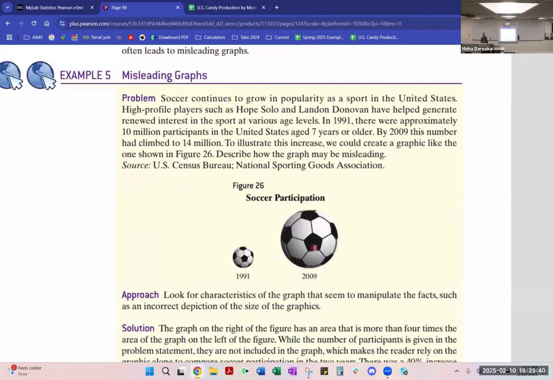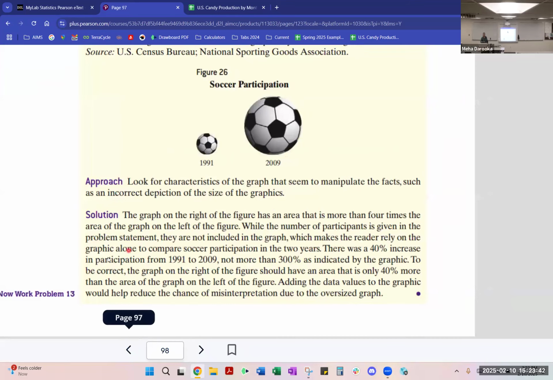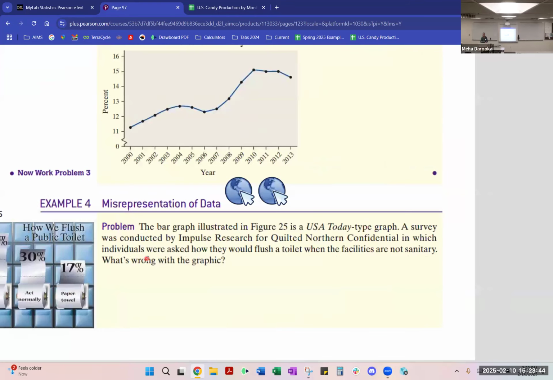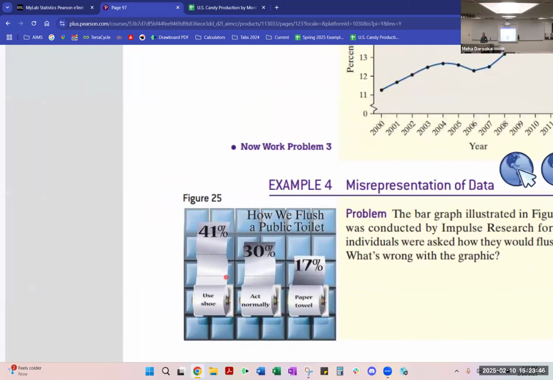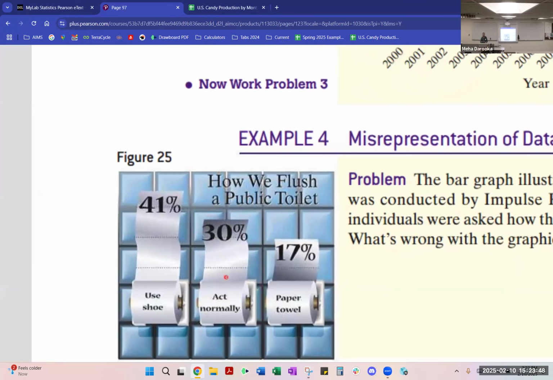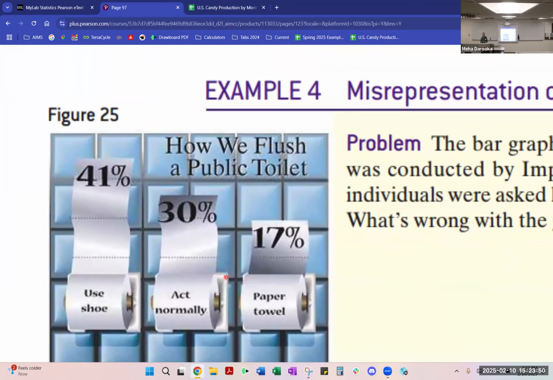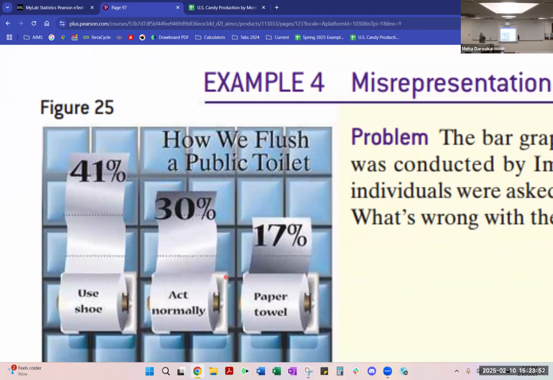So in this case, they're actually talking about the scaling of these graphs over here. Because like they said, 41 is more than double the value of 17%, but we're not seeing that kind of growth in there.